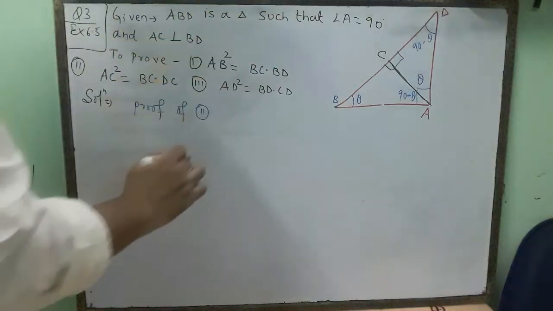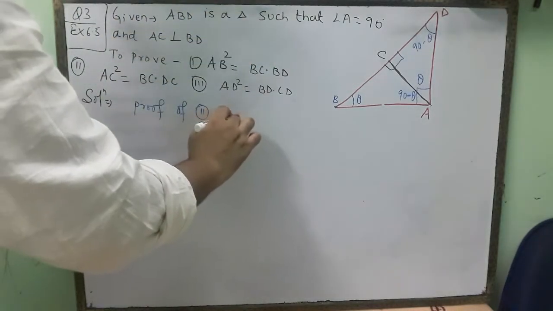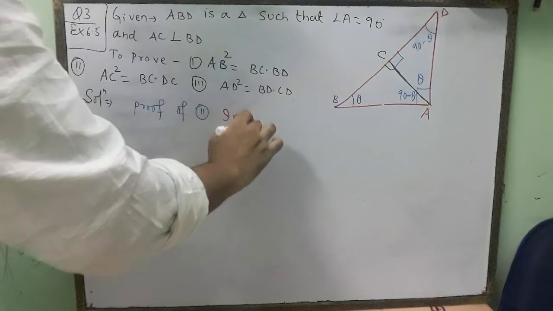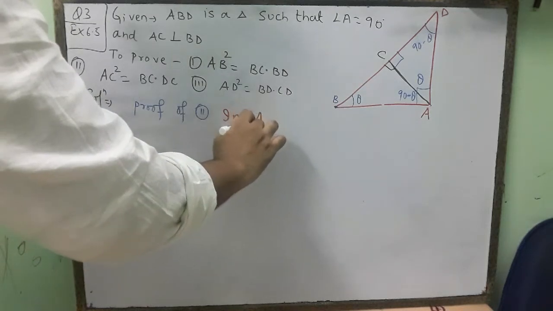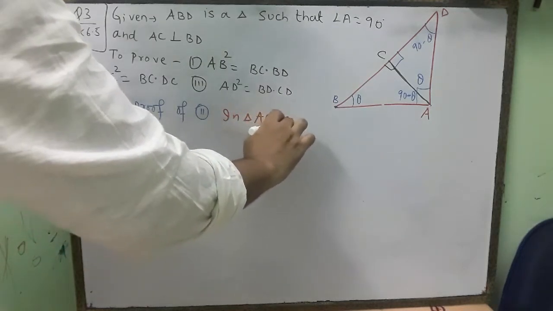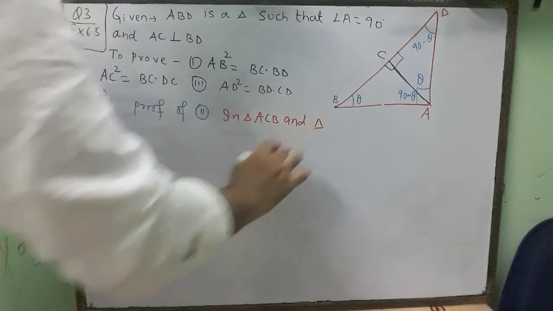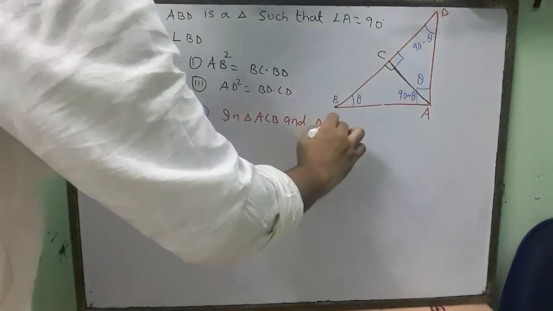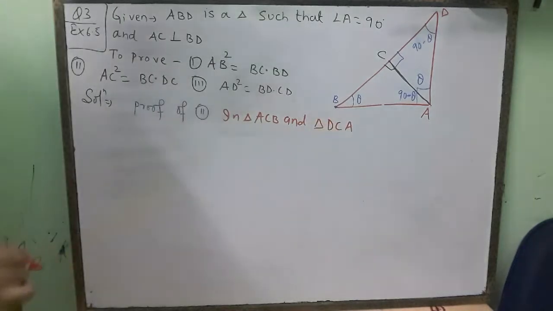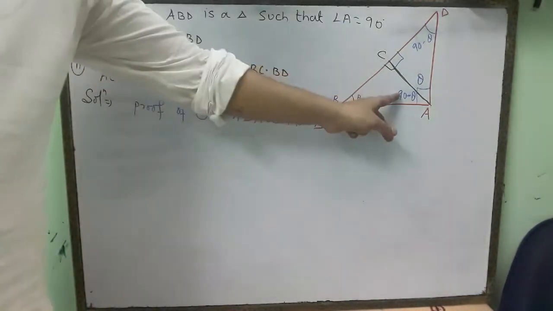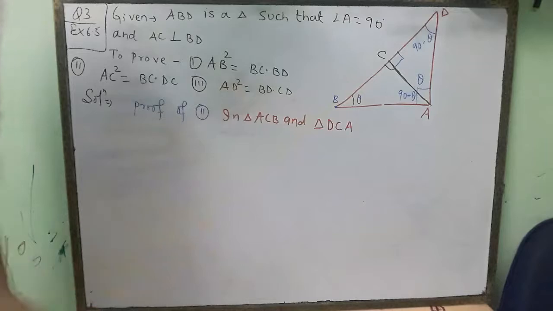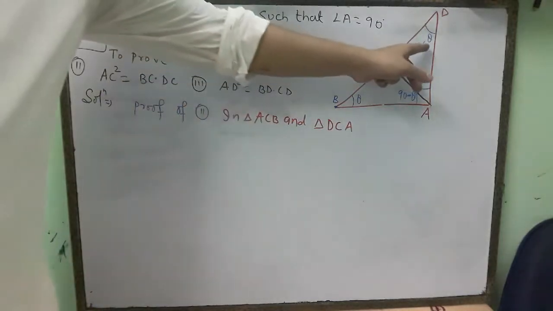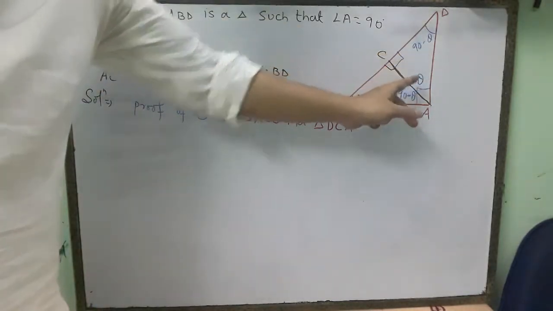As per the naming, in triangle ACB I start from A, and in triangle DCA, because I have started from 90 minus theta, I go to 90 and then theta. So I will start from 90 minus theta, come to 90, and then it will be theta.